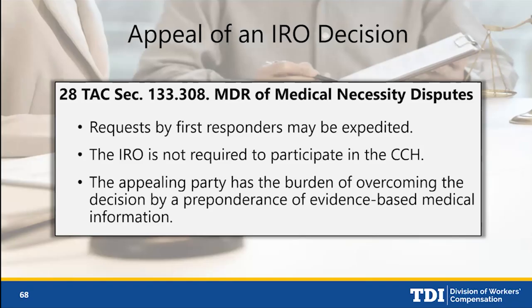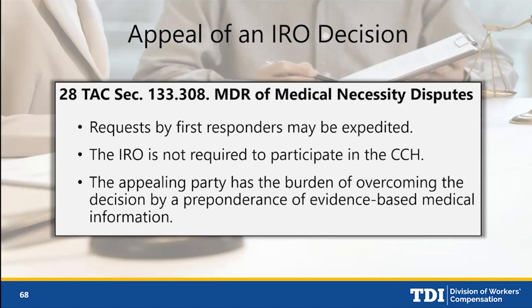The IRO is not required to participate in the CCH. So always when you're going into dispute resolution, you made the request. Remember, you have the burden of proof to overcome the decision that was made. Do it right the first time. You're going to be going up against 2 adverse determinations by the carrier, as well as an adverse determination of the IRO.